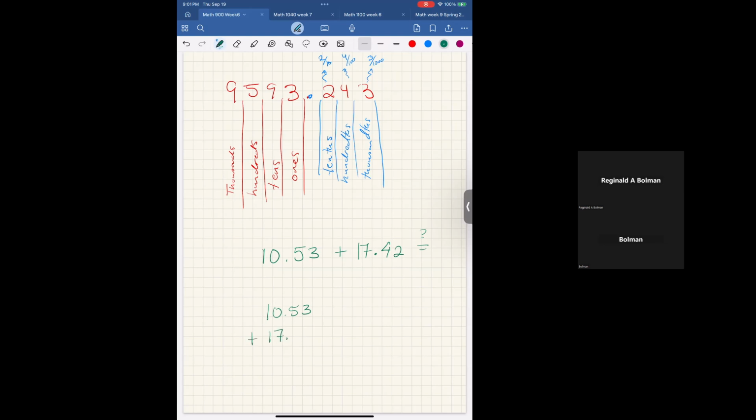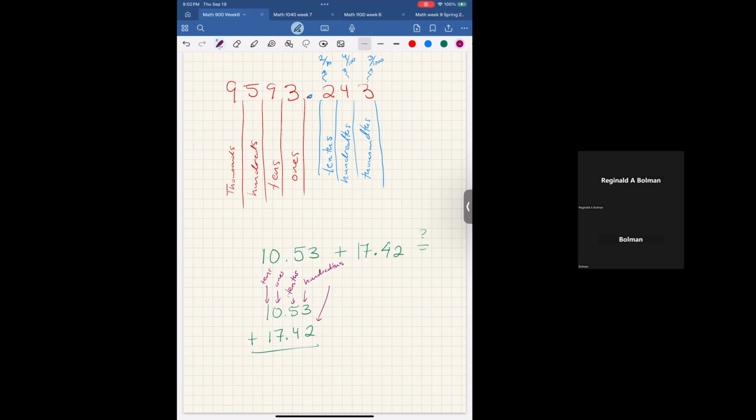And then you're going to line up 17.42 just below it, making sure that every single digit is lined up correctly. You want to make sure your hundredths place is lined up with the hundredths place, your tenths place with tenths, your ones with ones, and your tens place with the other tens place.